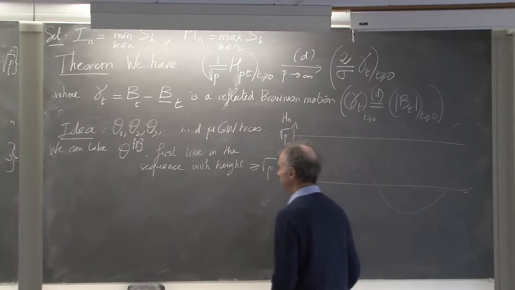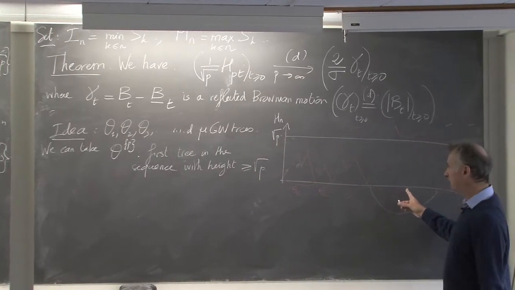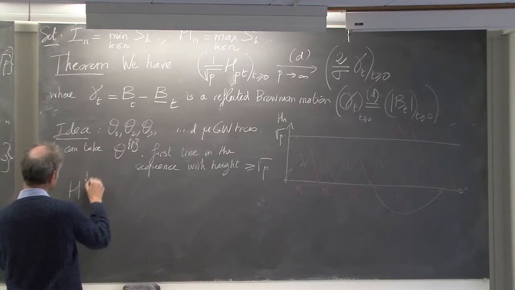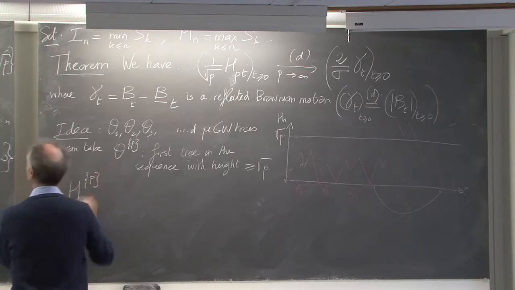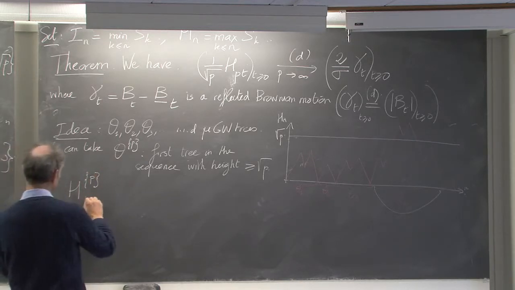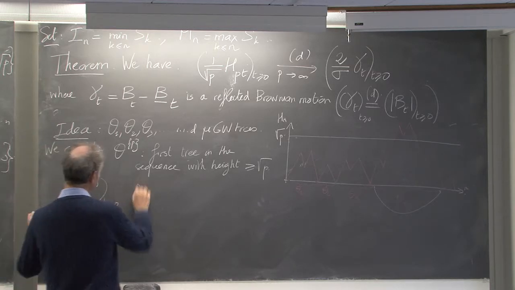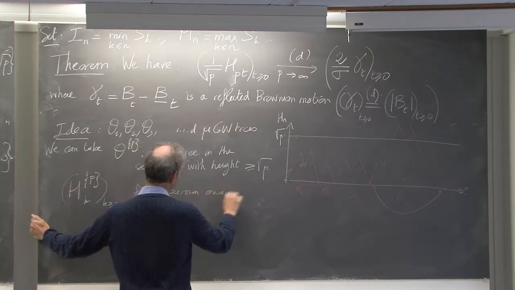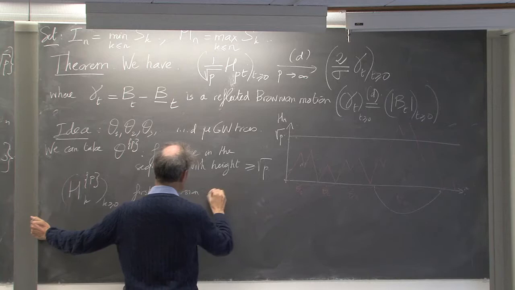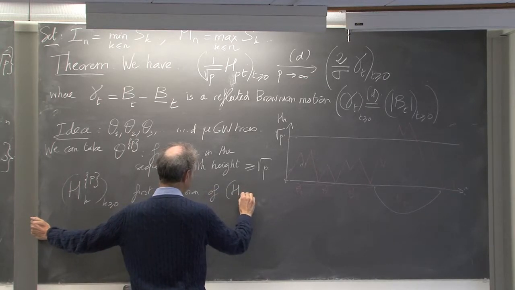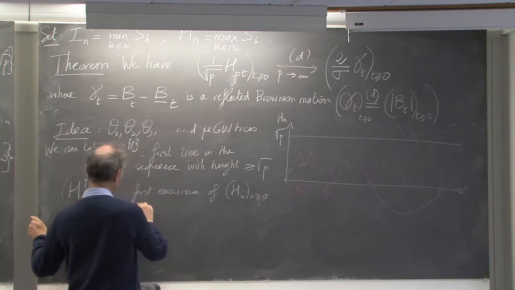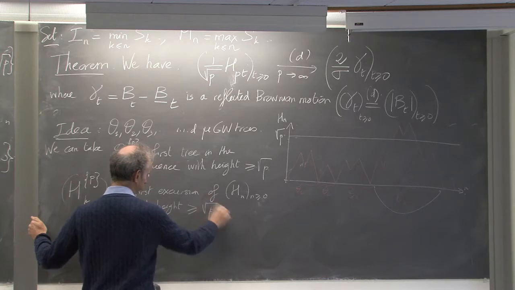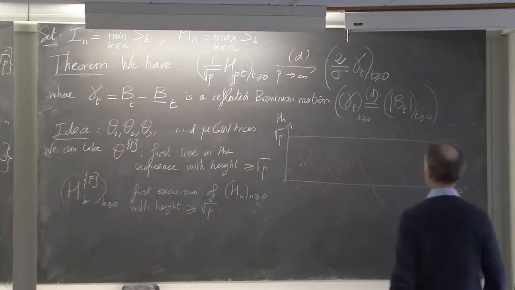Now what do we say? Well, I already explained it a little bit at this level. This means that if I look at the height function, which I denoted by H brace P, this will also be the first excursion of H away from 0 with height greater than square root of P. This is what I'm trying to explain here on the picture.